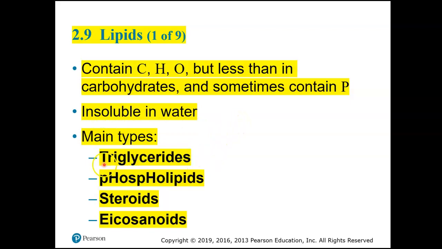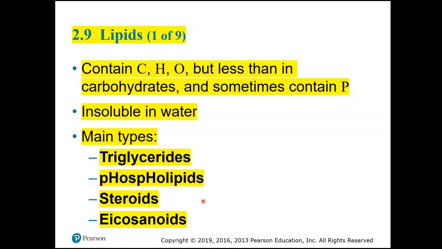The main types of lipids are triglycerides, that's body fat, basically. Phospholipids, which form a double layer and form the plasma membrane of our cells. Steroids, where cholesterol is the precursor to all steroids, and cholesterol itself is a steroid.